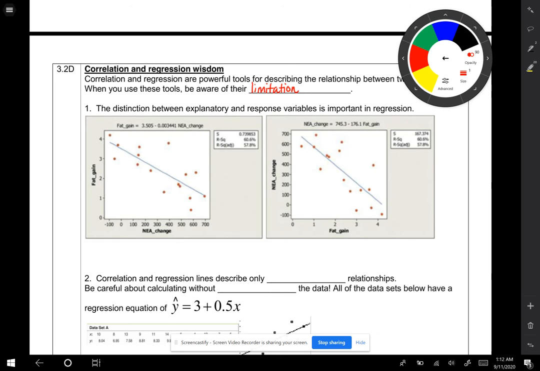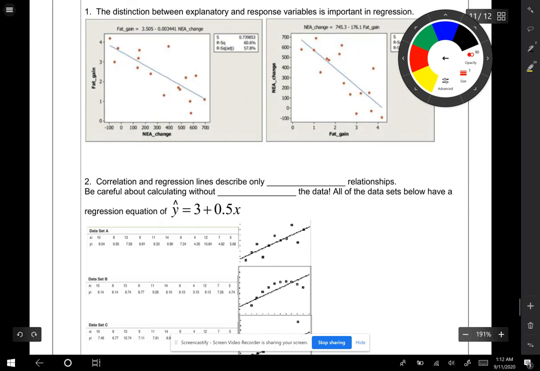The graph has dramatically changed. So just make sure that you're very aware of the variables when you're making a scatter plot, that you have the explanatory variable correct and the response variable. It's really important when you're doing regression.